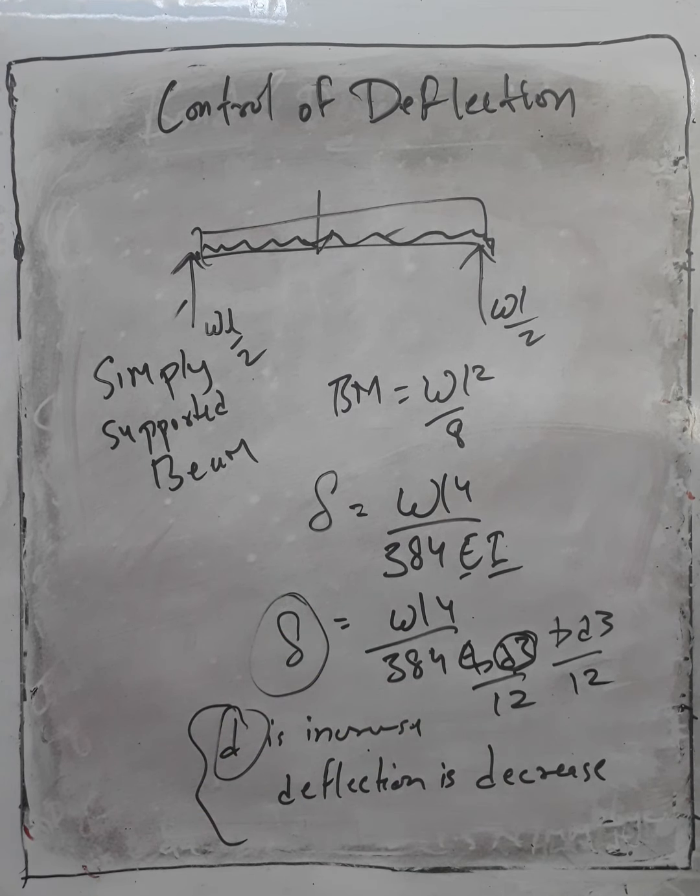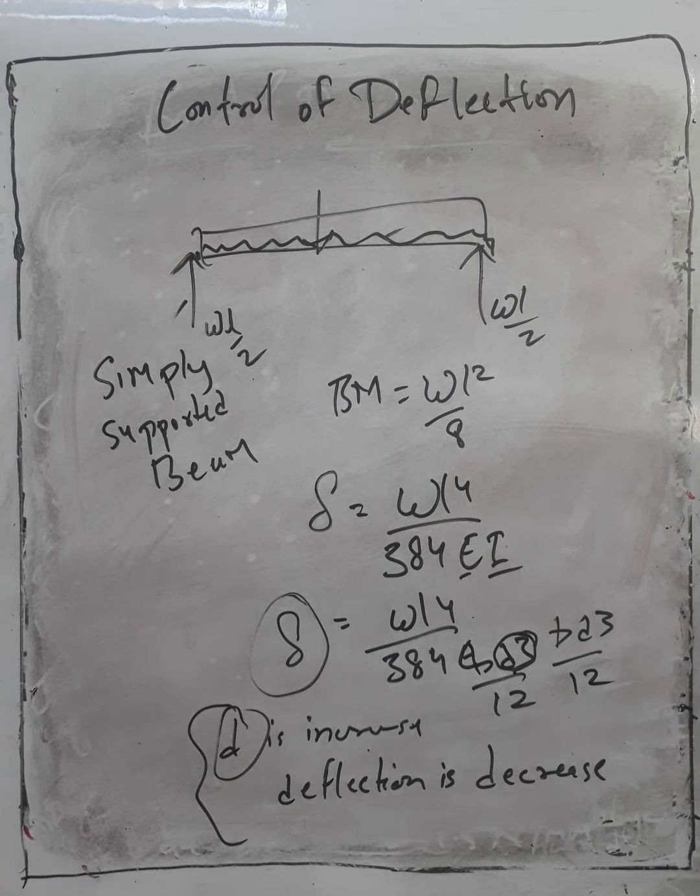So when we construct a beam, if we provide a sufficient depth, then deflection is also less, because we want less deflection. So we have to provide sufficient depth. Here we see that deflection totally depends on depth.